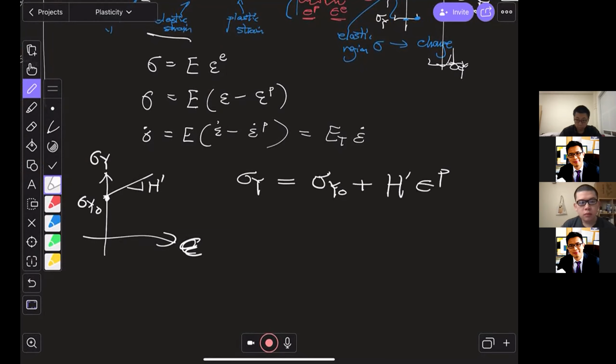Now, if I want to know how this changes, I would take a time derivative of it, then sigma y dot would equal simply H prime epsilon dot p, because the initial yield stress doesn't change according to plastic strain. This H prime is called the plastic modulus.